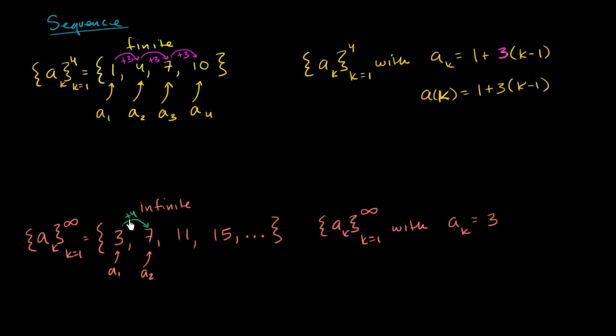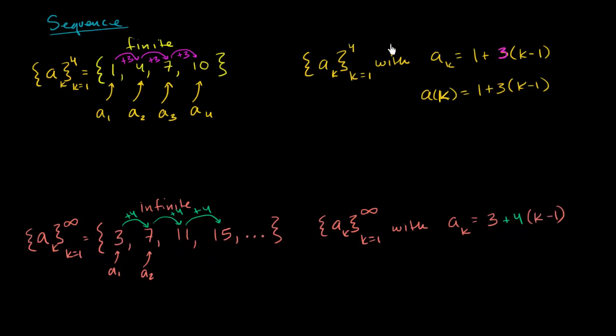For the second term, we added 4 once. For the third term, we add 4 twice. For the fourth term, we add 4 3 times. So we're adding 4 one less than the term that we're at. So it's going to be plus 4 times k minus 1.